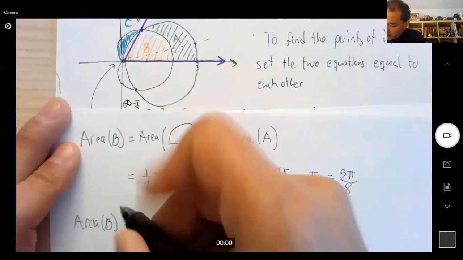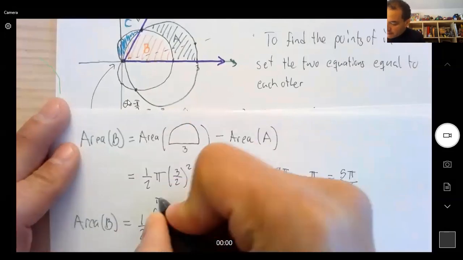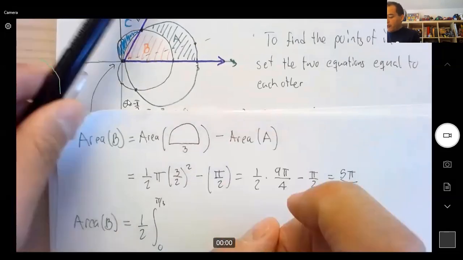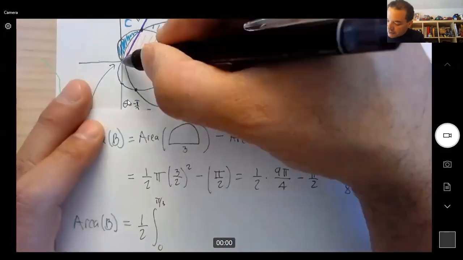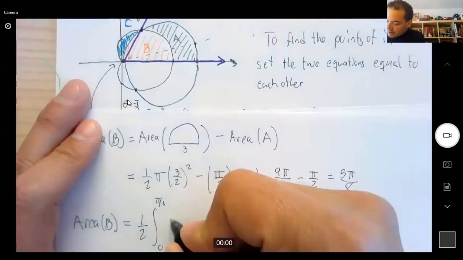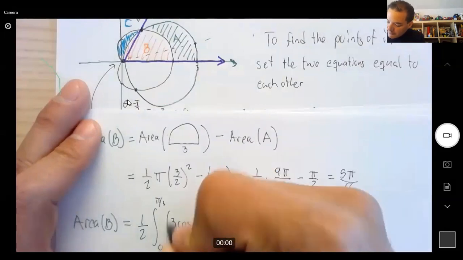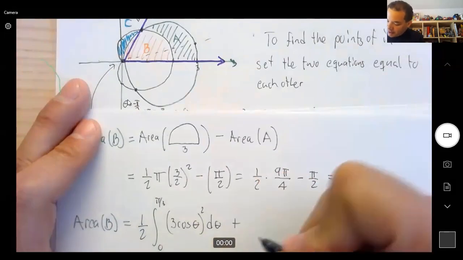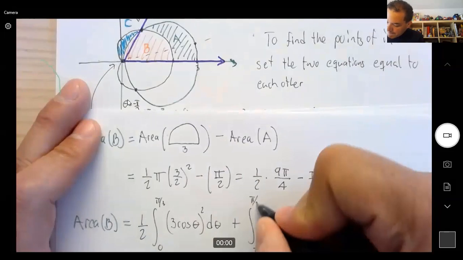The first one would be 1/2 from 0 to pi over 3, right? So it's again this purple race that I drew before. But now the outer function is the circle, and there is no inner function. So it's simply the outer function is the circle, and that's it. And then plus, I would need another integral, this time from pi over 3 to pi over 2.